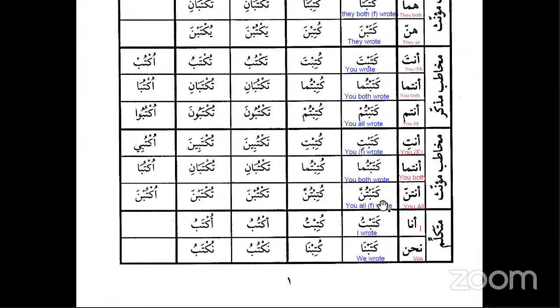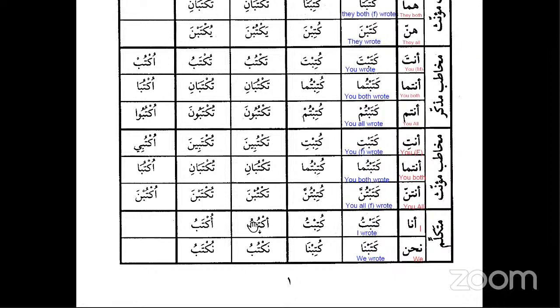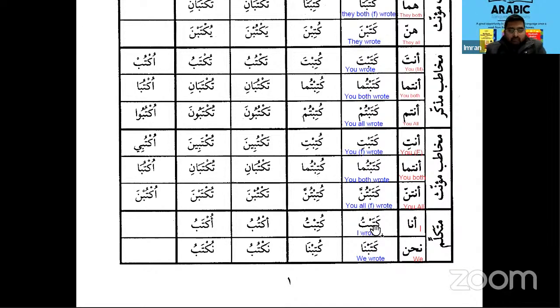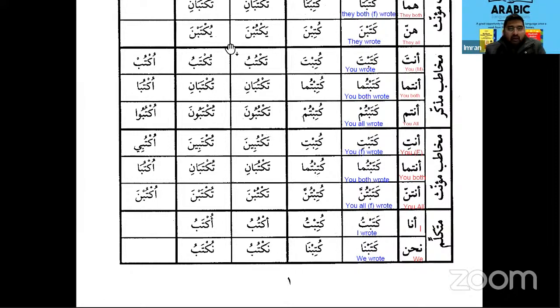Antunna katabtunna. So you all females wrote. Correct. Then the person who is describing, ana, is male or female, they are the same for male and female. Correct. Ana katabtu. I wrote. Nahnu katabna. So we wrote. Excellent. Male and female, same thing. Jazakallah. Thank you ever so much.